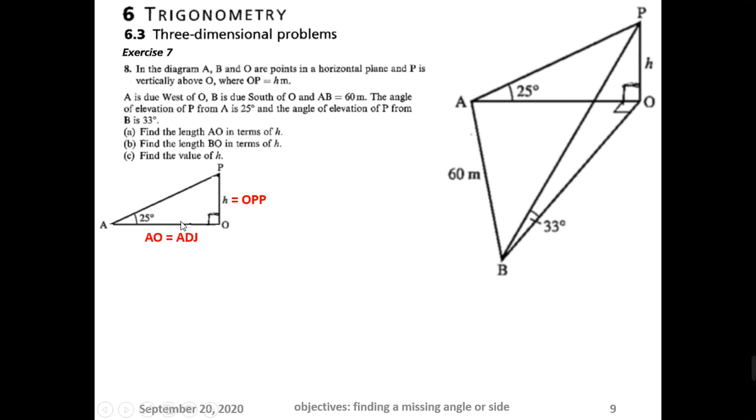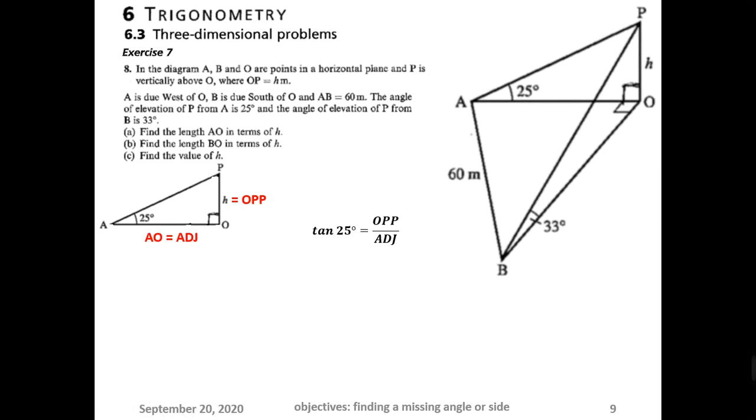In order to find AO, we need to use the tan rule, the tan of 25. Let me remind you a little bit. Sine of 25 is opposite over hypotenuse.